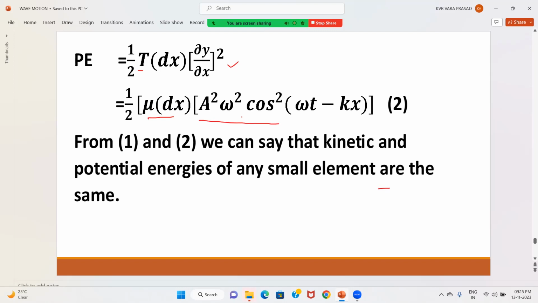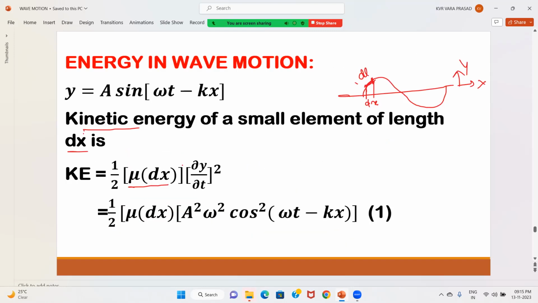Right? And if you see equation 1 and equation 2, both are the same, right? So equation 1, what we got? Half mu dx into A square omega square cos square (omega t minus kx).